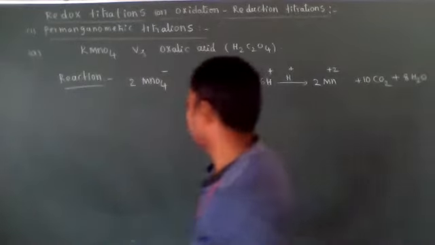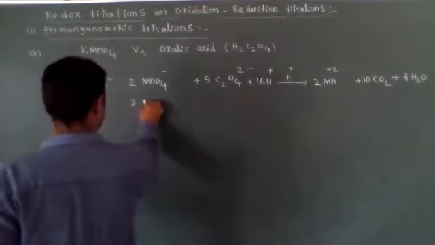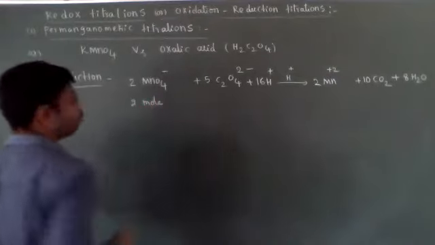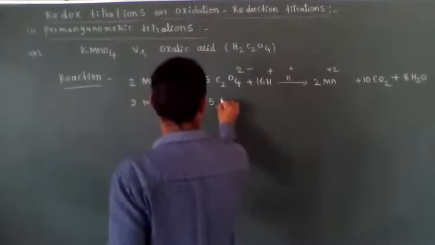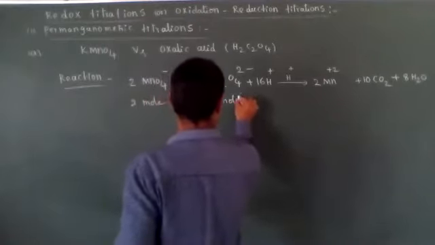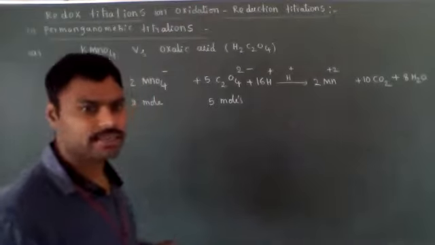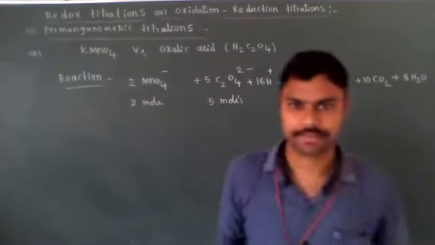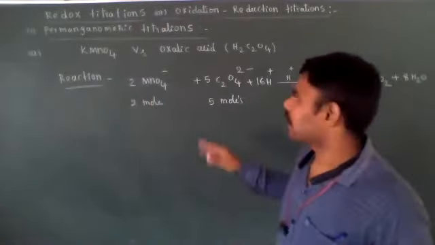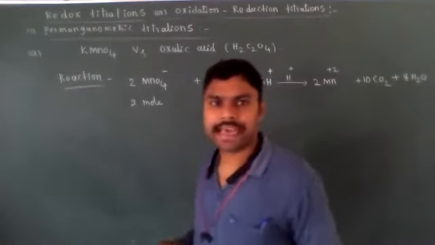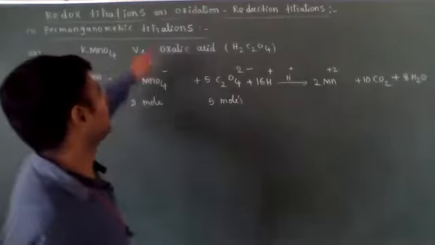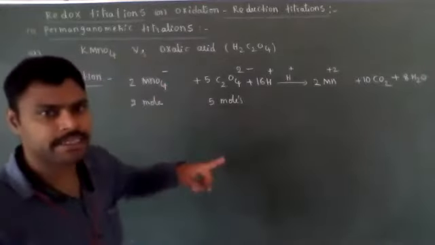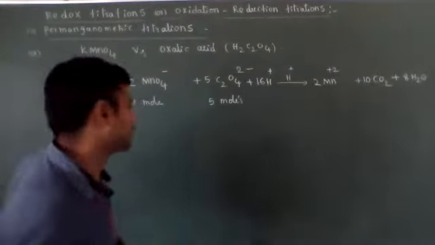So 2 moles of MnO4 minus. KMnO4, how many moles are we using? 2 moles. Oxalic acid, 5 moles. In competitive exams like NEET and JEE Mains, for example, the reaction takes place between KMnO4 and oxalic acid, meaning the volumetric analysis or redox titration is between KMnO4 versus oxalic acid.